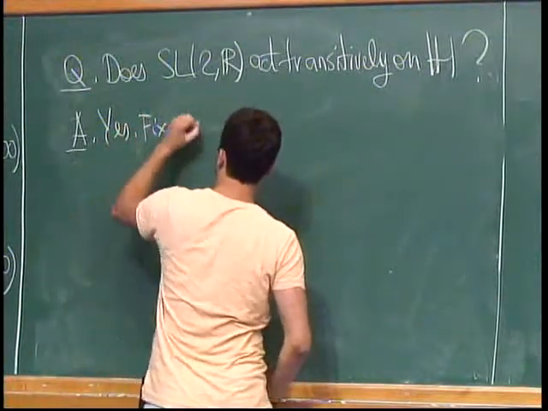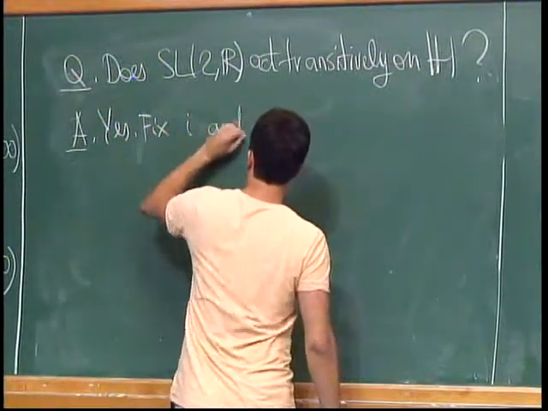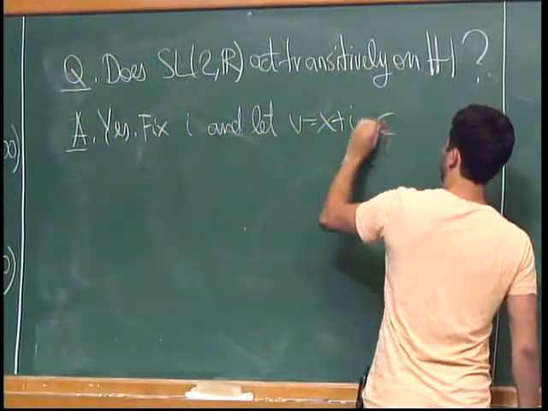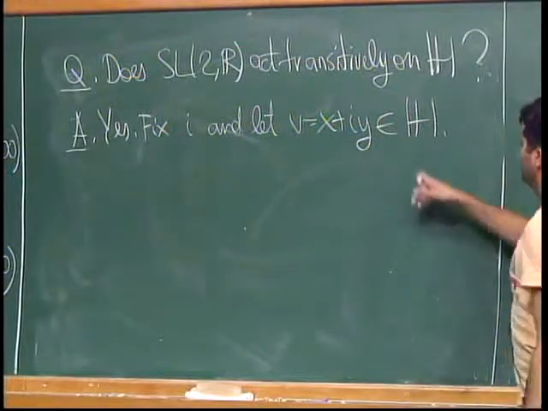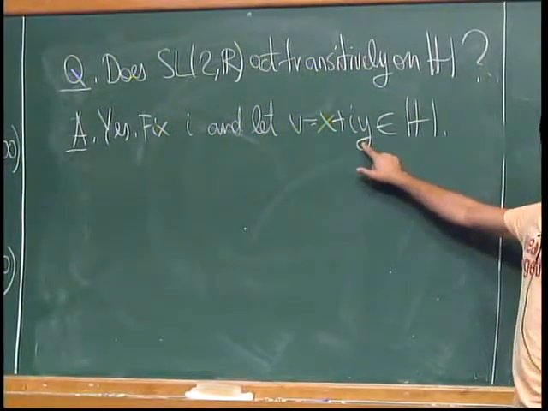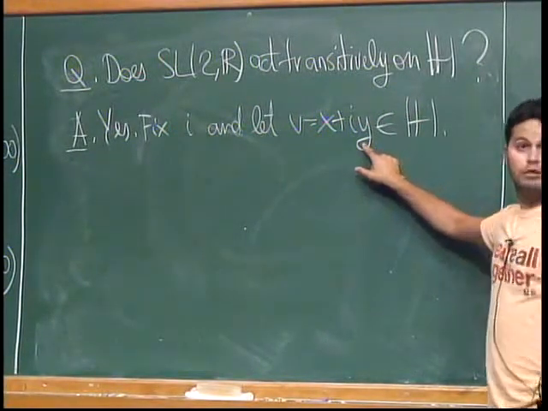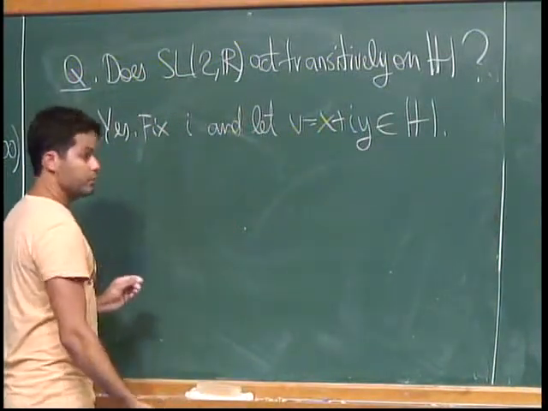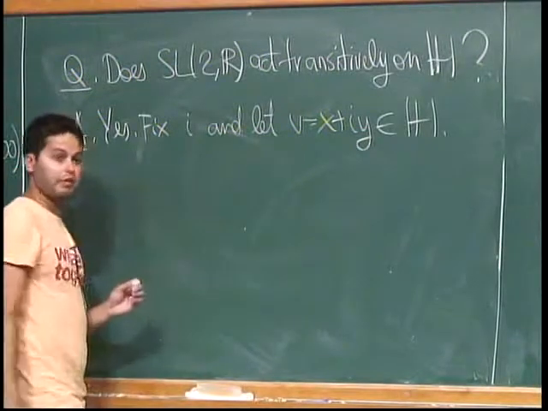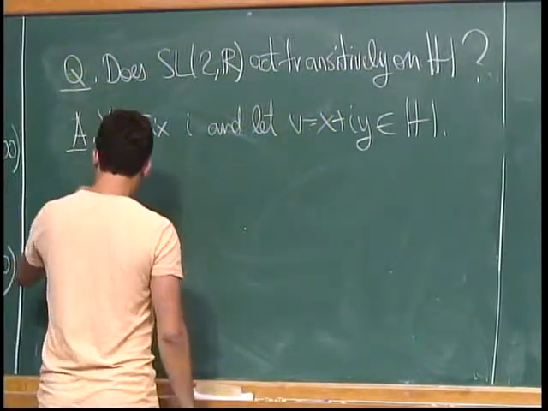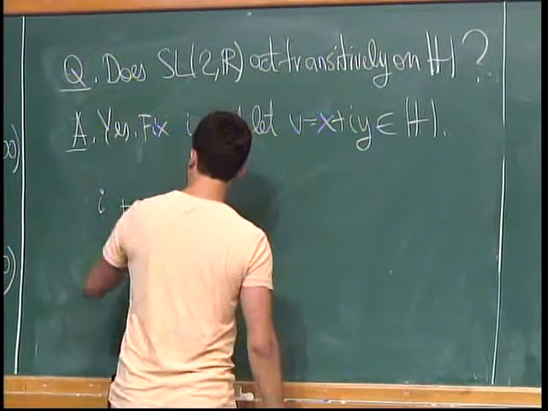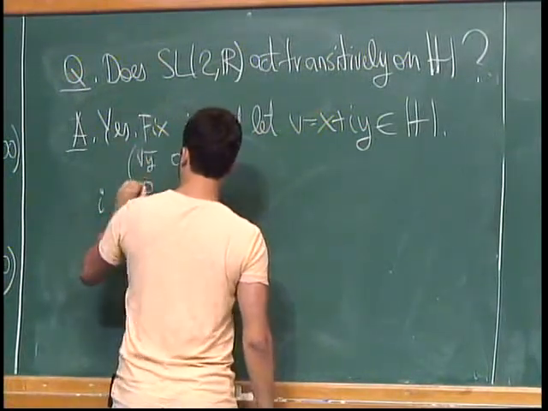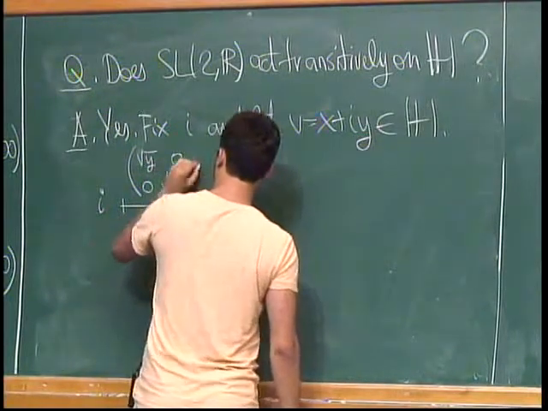So fix I, and let V be equal to X plus IY, another point of H. If this is a point of H, then Y is positive, right? So I'm just going to describe two transformations such that the composition of them sends I to V. First, I take I and apply to it the Möbius transformation associated to this matrix.